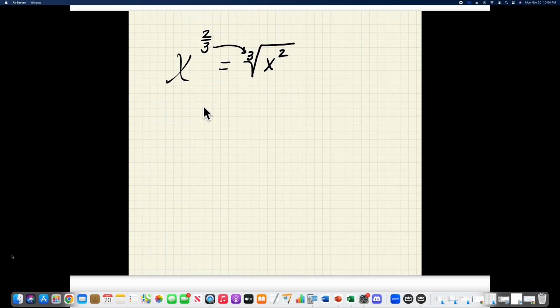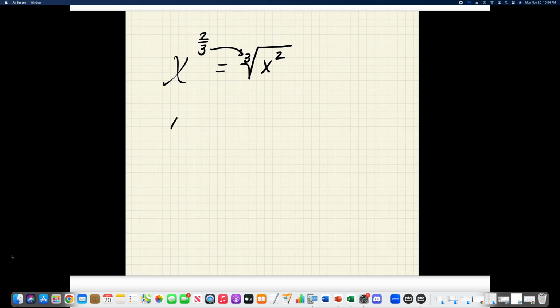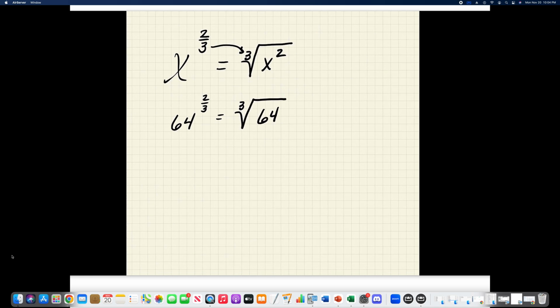Now, when is it a good time to put the power of 2 on the outside? Well, maybe you have something like 64 to the 2/3 power. That's the cube root of 64. Now, I don't want to put the power of 2 here, because then I've got to do 64 squared and make that number bigger.